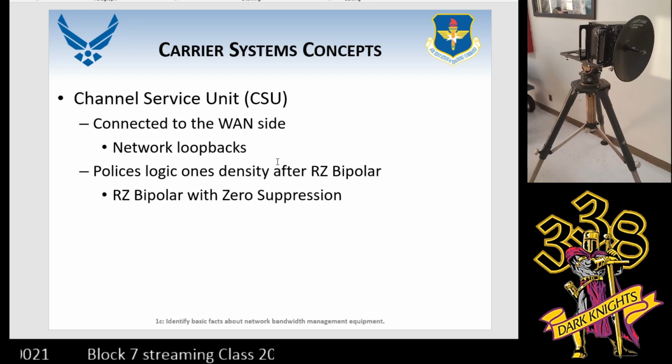So when you are having problems with your internet and you call one of those communications companies like AT&T or Verizon, they're going to be checking the DSU, CSU to figure out where the problem is and where to send the technician. That's, in a nutshell, what the DSU and CSU are used for.